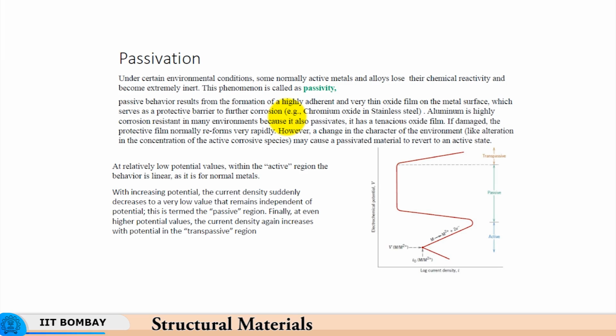So, because of very high affinity of the base metal and presence of sufficient quantity of this material like chromium, for example, the chromium oxide gets formed almost instantaneously and therefore protects stainless steel from oxidation.